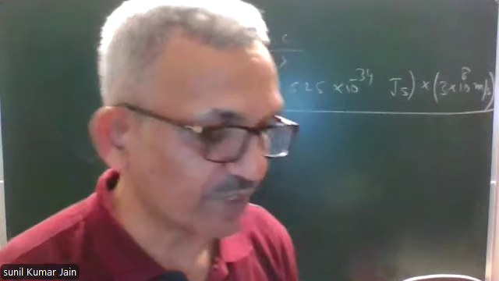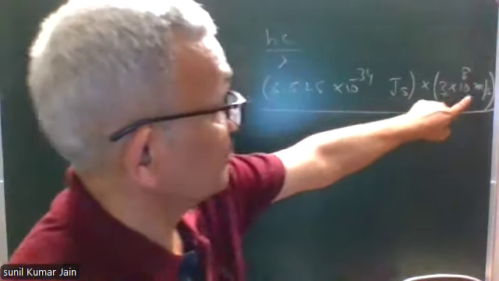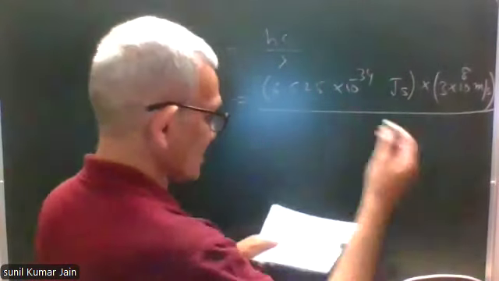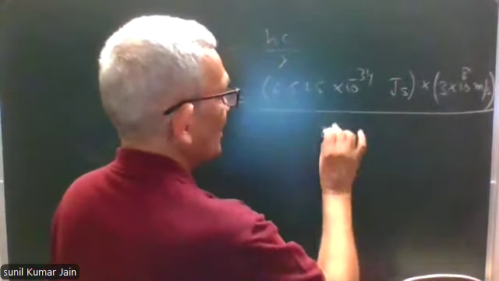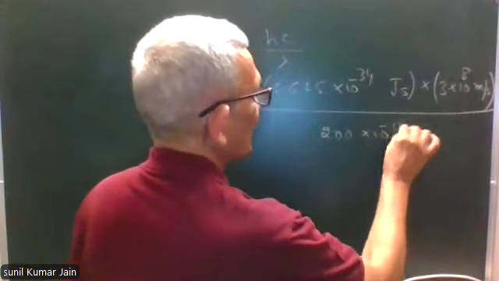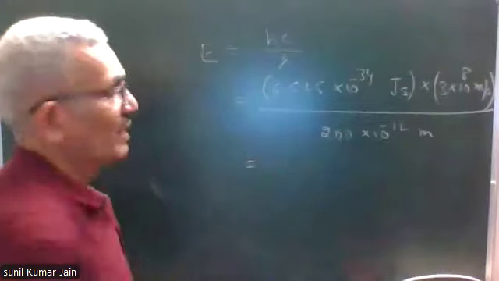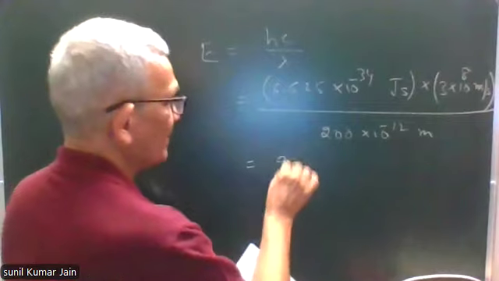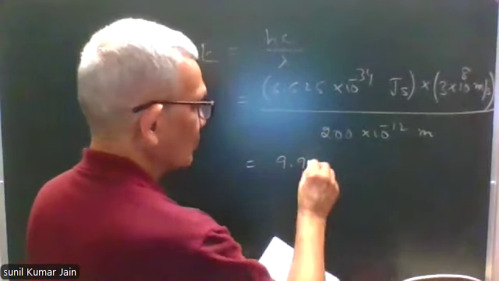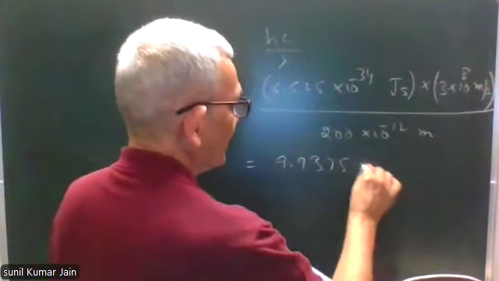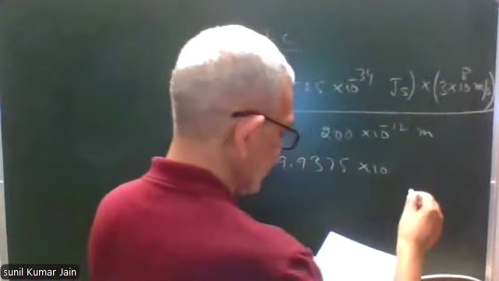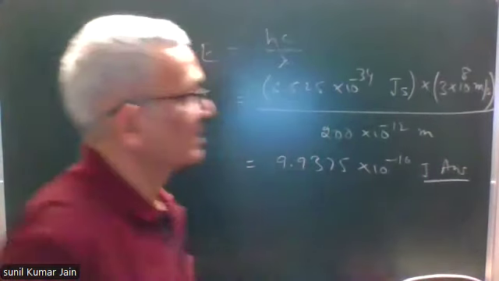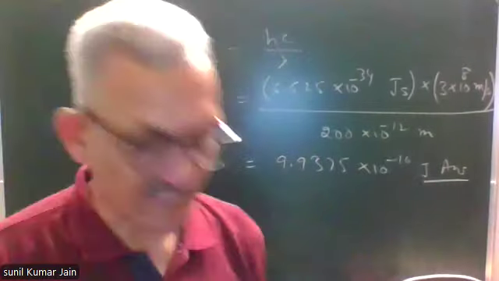We are given lambda in picometers. Since we are using meters per second, we'll have to convert lambda into meters. This is 200 picometers. It will be 200 into 10 to the power minus 12 meter. So when we solve, this will give you the first answer, that is 9.9375 into 10 to the power minus 16 joules.